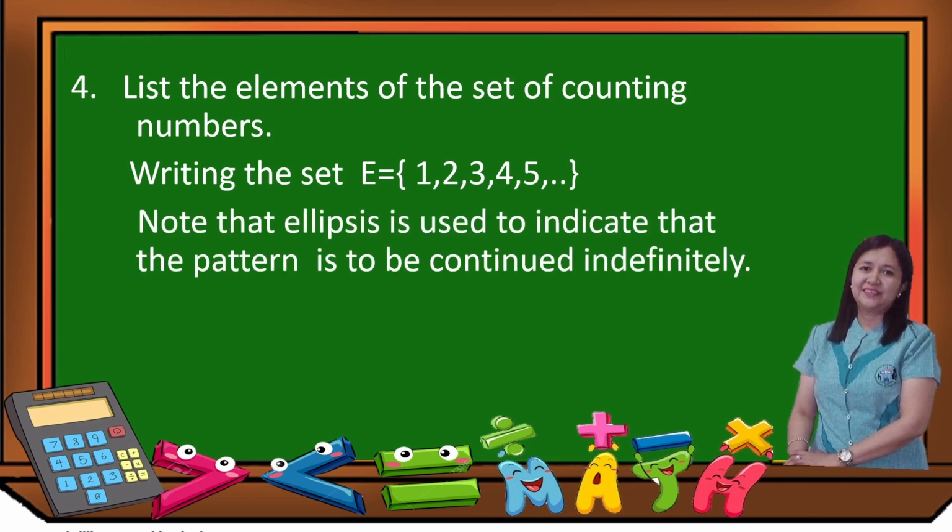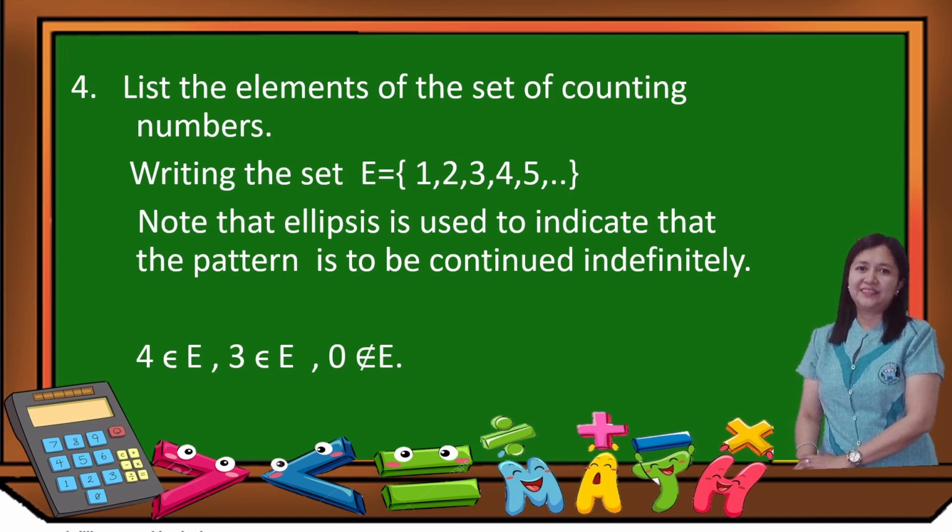So note that ellipsis is used to indicate that the pattern is to be continued indefinitely. So we can say that 4 is an element of E, 3 is an element of E. How about 0? Good, 0 is not an element of set E.